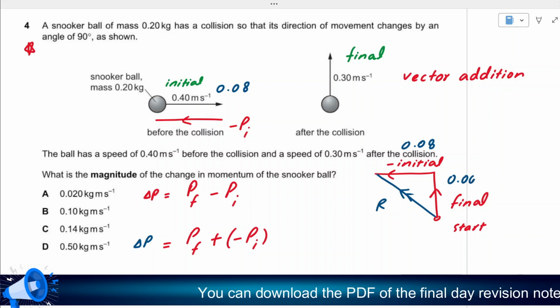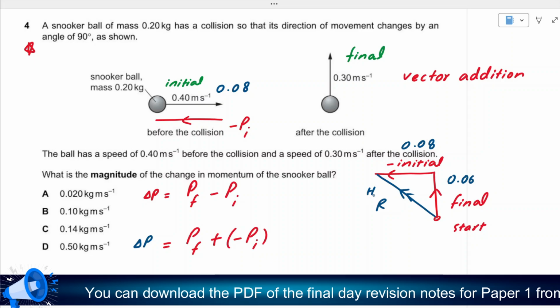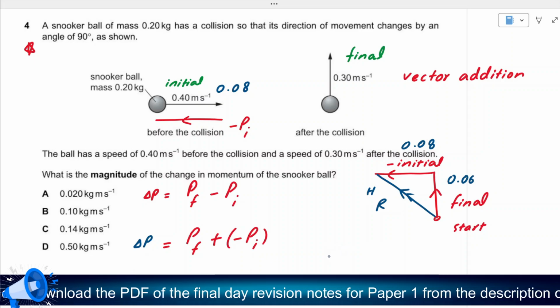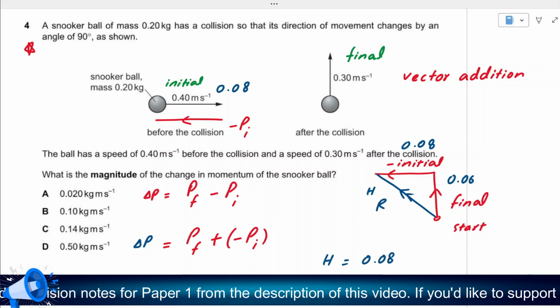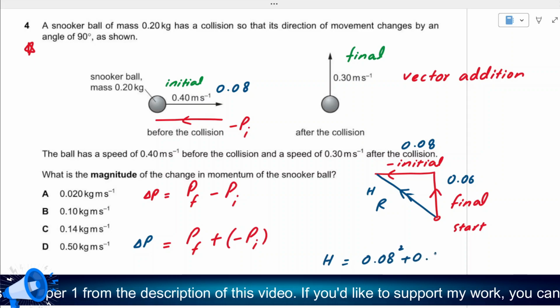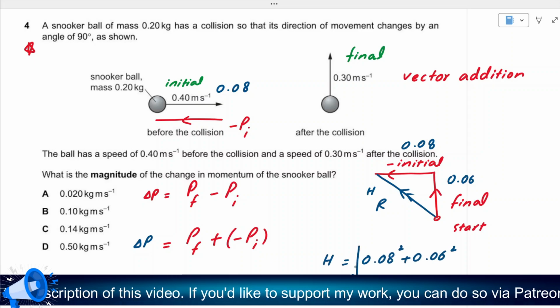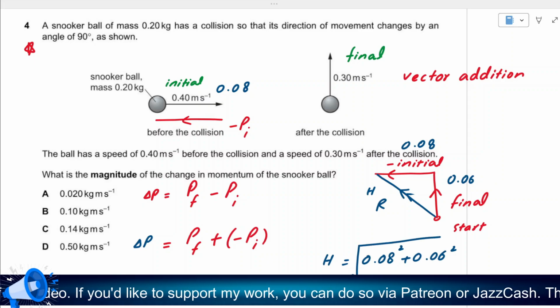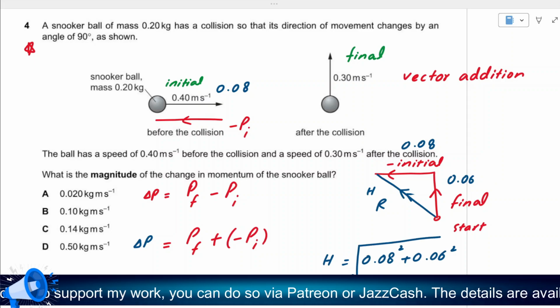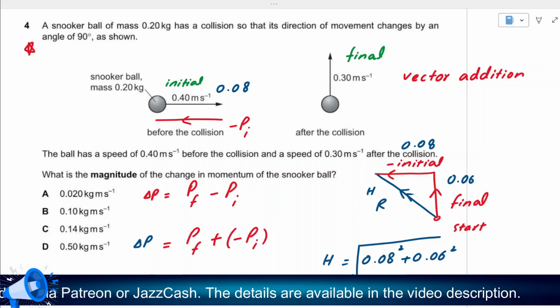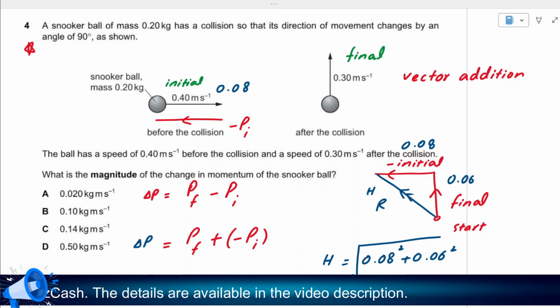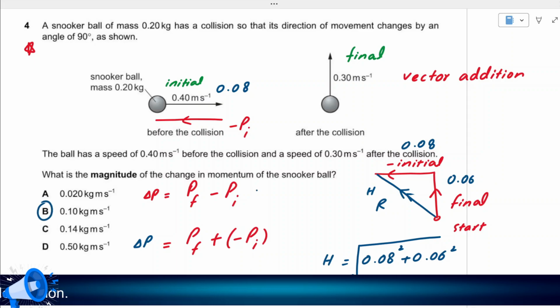Yeah, 0.06. You need to find this one, which is basically the hypotenuse. So this equals the square of this plus the square of the second, and then you can take the square root of all of it. So I'll put it on the calculator as it is. I get 0.1, into SF would be 0.10.